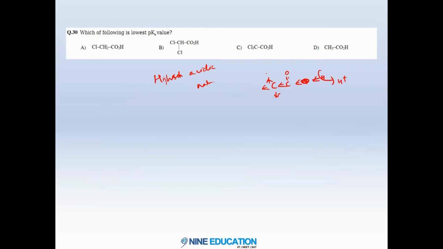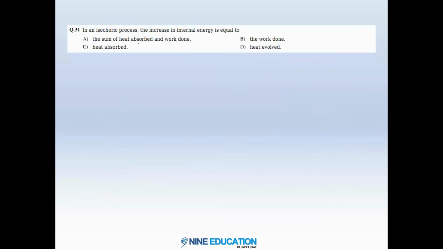Whoever are grabbing that are the minus I groups, which are present more and more. So naturally the H plus releasing will be easier because the electron density of this OH bond is mostly shifted towards oxygen, and H plus can be easily broken. So as many, and it is an additive effect. The inductive effect, as many groups are there. So it's a clear cut answer.